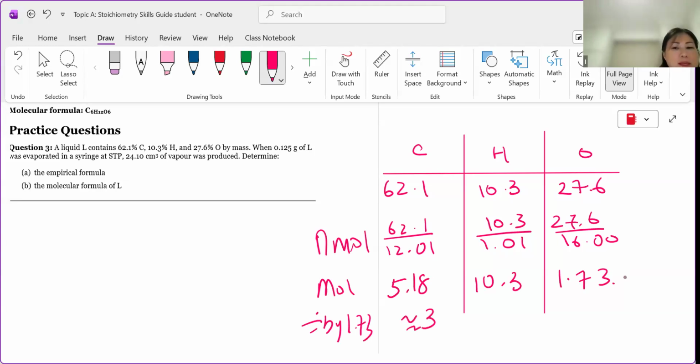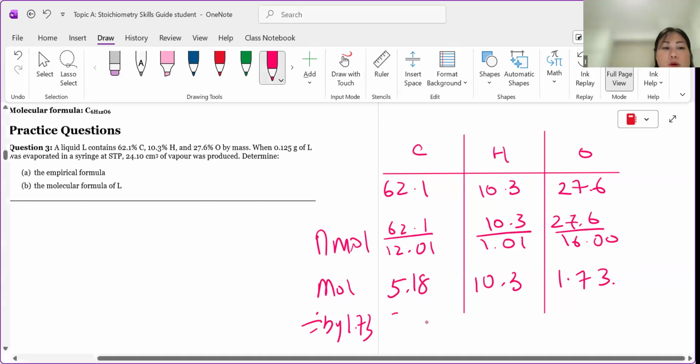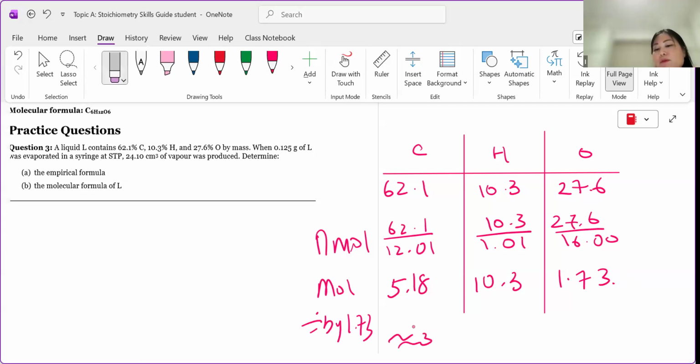If you take a calculator, 5.18 divided by 1.73, you get about 2.994, which we will just approximate to 3. So we will not write 2.994, but put it as 3. The same for the rest: you get about 6 and 1. So the empirical formula is C3H6O.